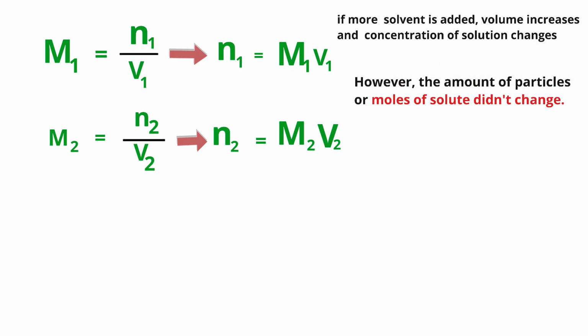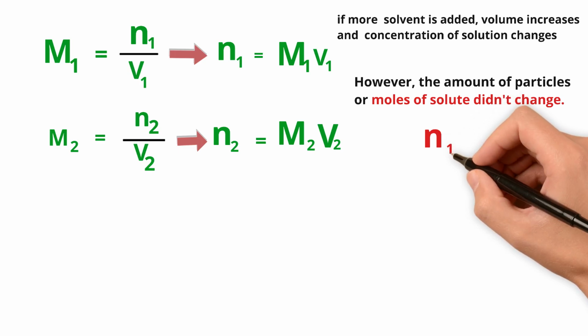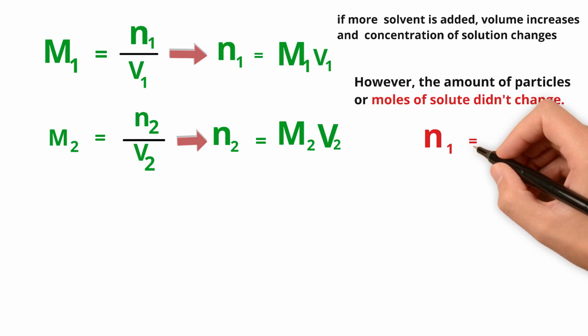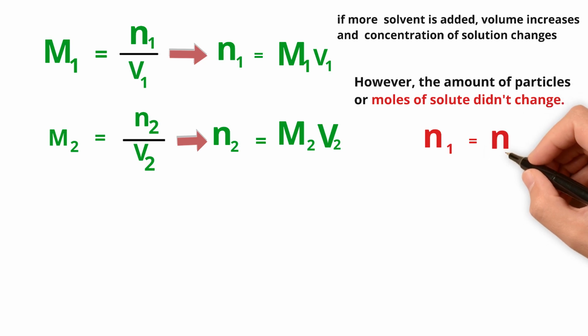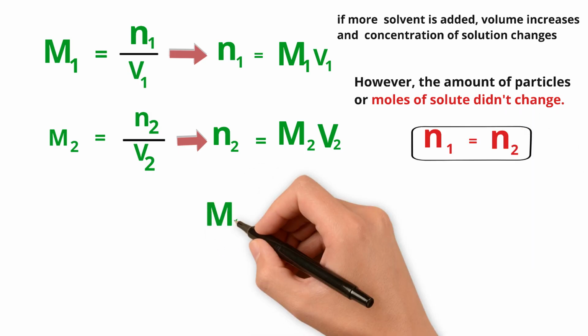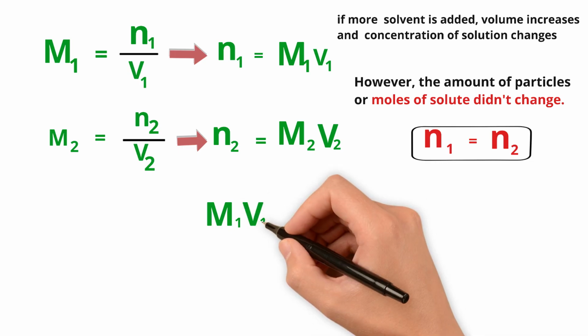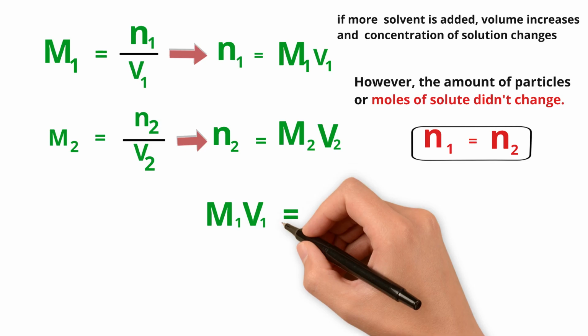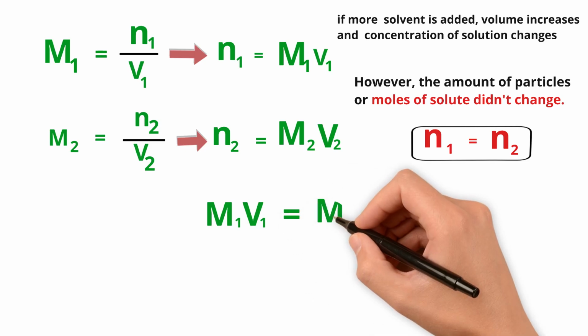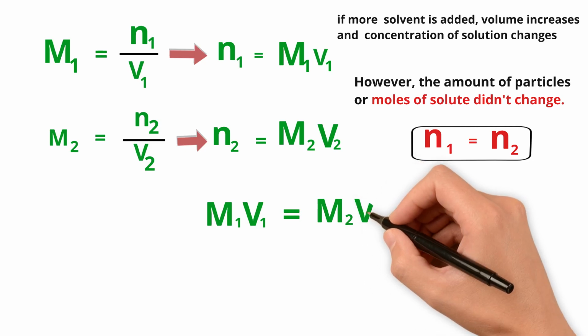Therefore, N1 is equal to N2, and from this we can say that M1 times V1 is equal to M2 times V2. This we call the dilution formula.